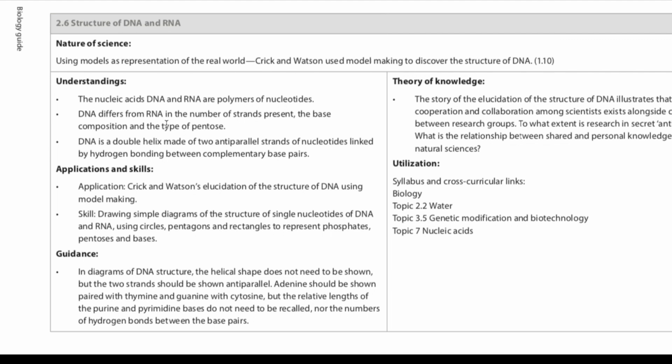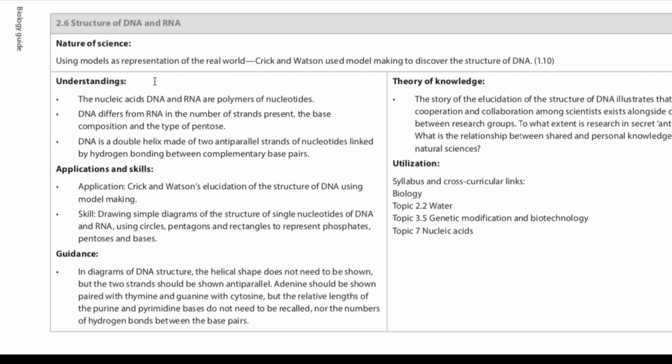DNA differs from RNA in the number of strands present, the base composition, and the type of pentose. DNA is a double helix made from two anti-parallel strands of nucleotides linked by hydrogen bonding between complementary base pairs.